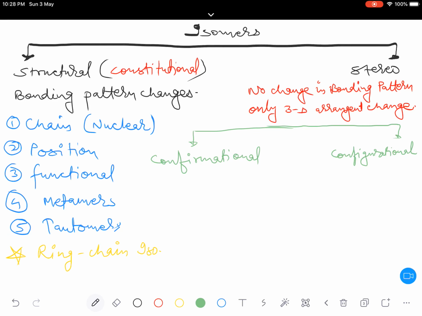Conformational and configurational. Now conformational isomers are two compounds where bonding pattern is also the same, everything is the same, like molecular masses are the same, but the 3D, the three dimension, changes with the help of rotation of sigma bond.